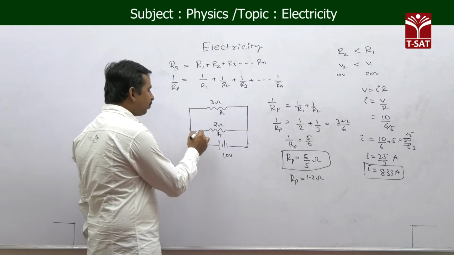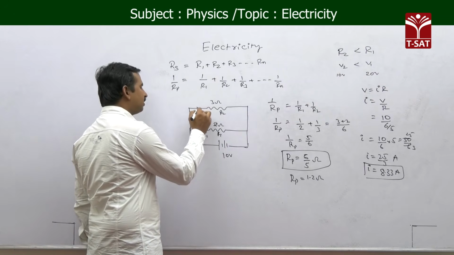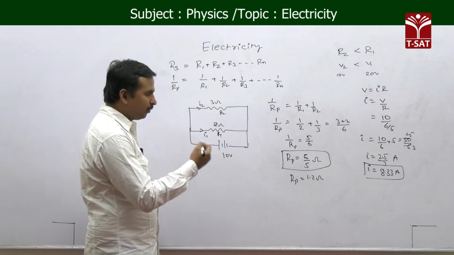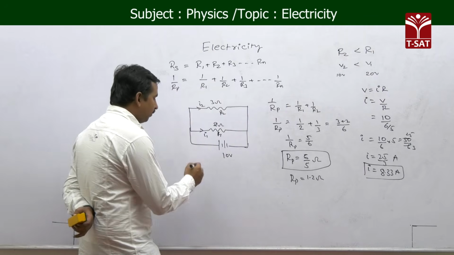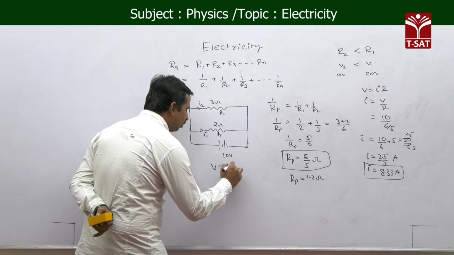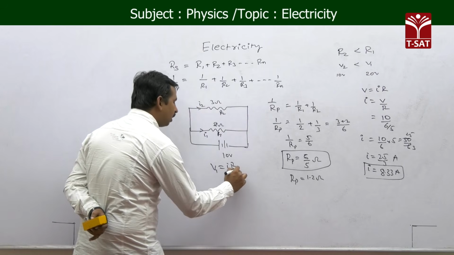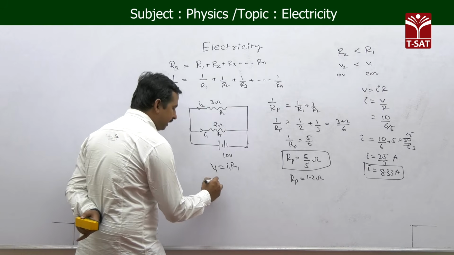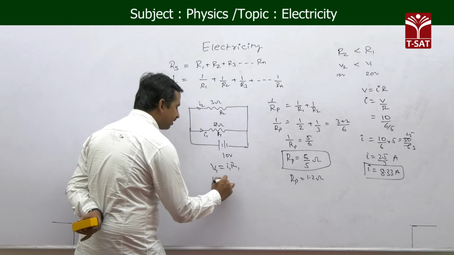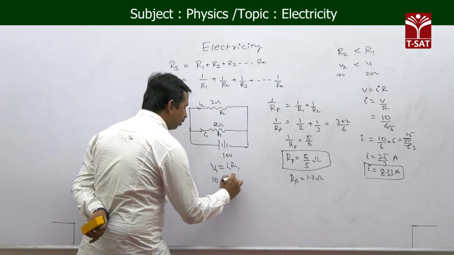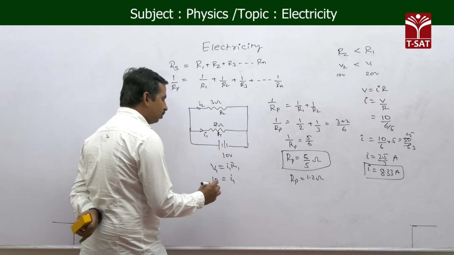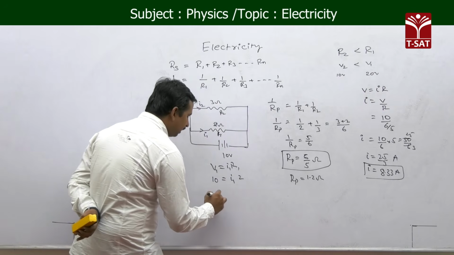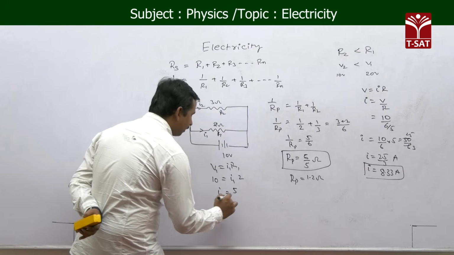But what is the current passing through the 2 ohm resistor, and what is the current passing through the 3 ohm resistor? If you want to find that separately, we know that V is equal to IR, so V1 is equal to I1 R1, and V1 is equal to V2 equal to V. So the voltage remains 10, I1 we do not know, and R1 is 2 ohms, so I1 becomes 5.